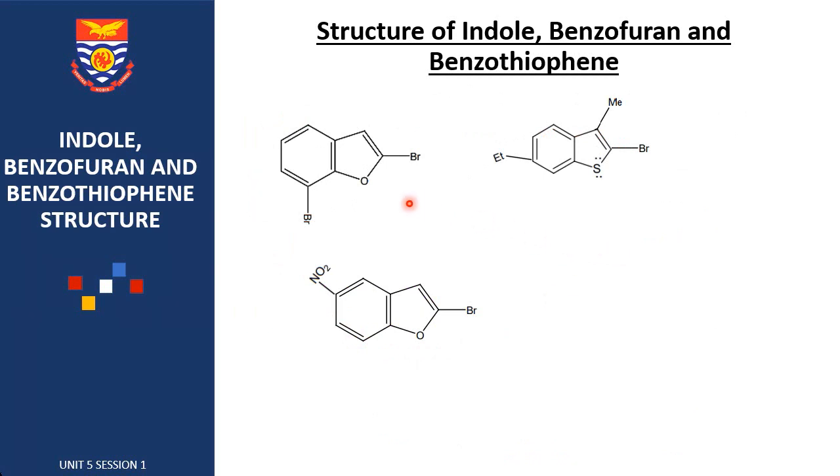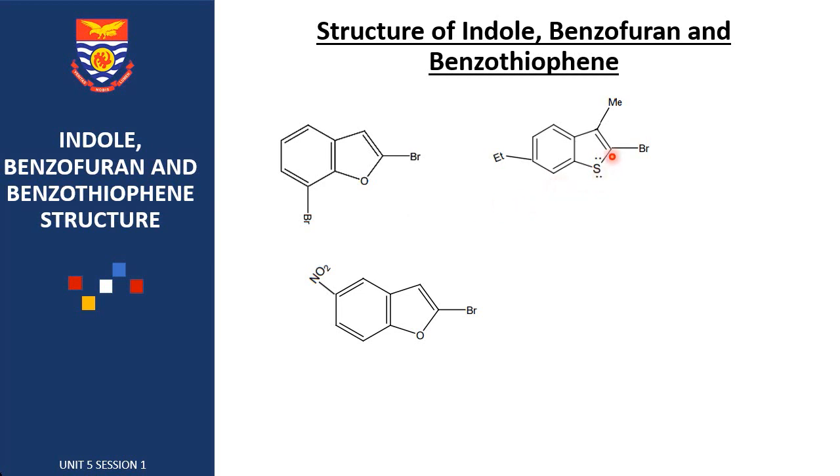You can try naming this yourself. So the first one becomes what? We start numbering from the heteroatom. So 1, 2. So the first one is 1, 2, 3, 4, 5, 6, 7. So we have 1,7-dibromobenzofuran. This one can also be seen as what?